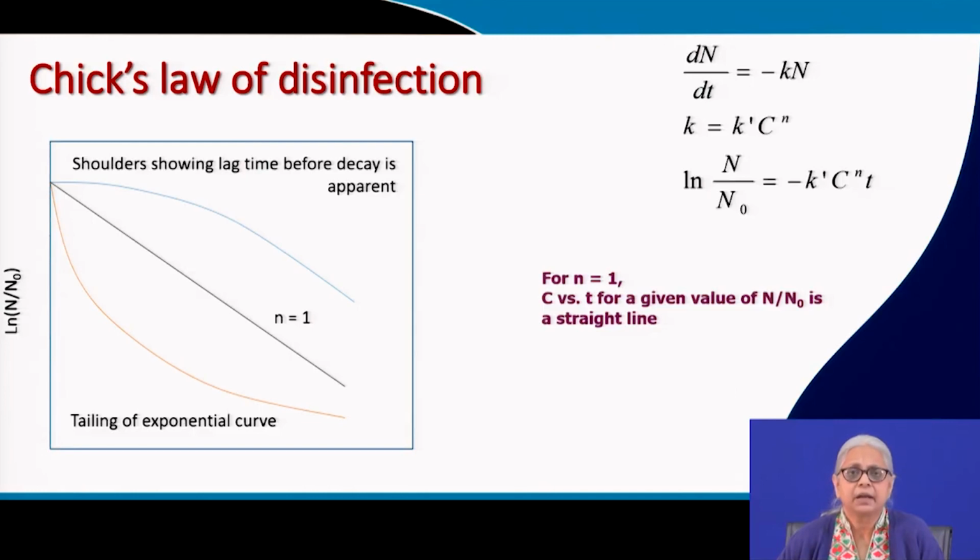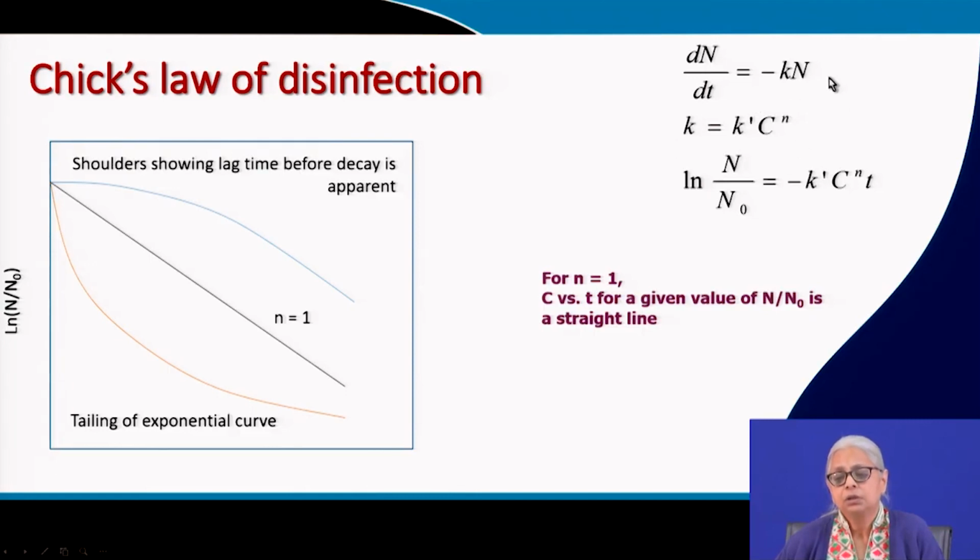Now let's take a look at how to quantify the disinfection effectiveness of any disinfectant. So this is Chick's law of disinfection. The first part is simple enough. dN/dt, where N is the number of bacterial cells. The change in the bacterial cell population, dN/dt, is equal to minus K times N, where K is your proportionality constant and N remains the number of bacterial cells.